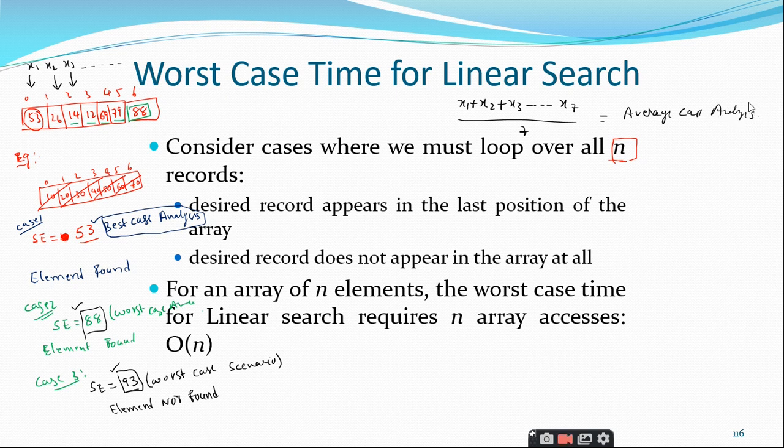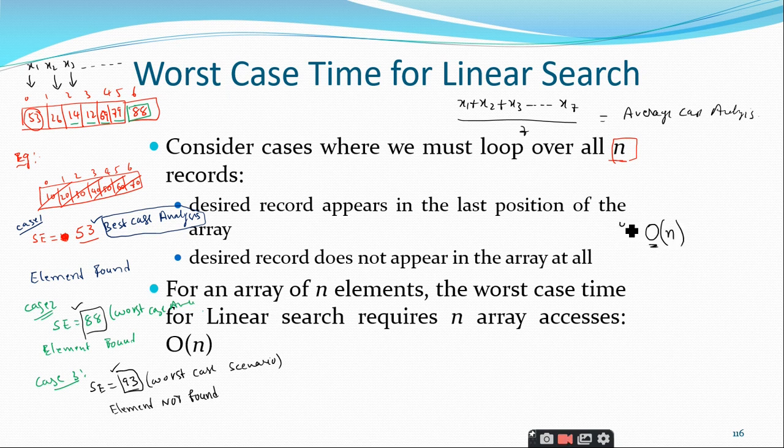So in the first slide we have seen that the efficiency of the search algorithm is calculated by using the average case analysis. That is not a thumb rule. You can also make use of the worst case analysis. And remember that the worst case analysis of the linear search is big O of n.